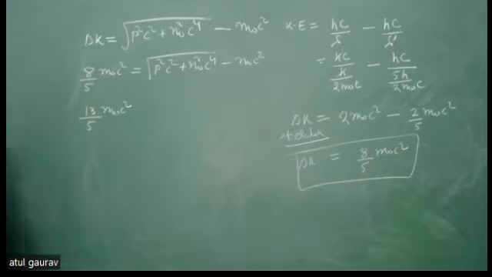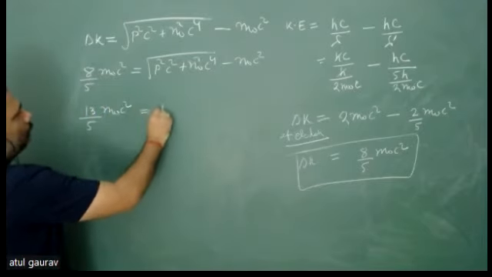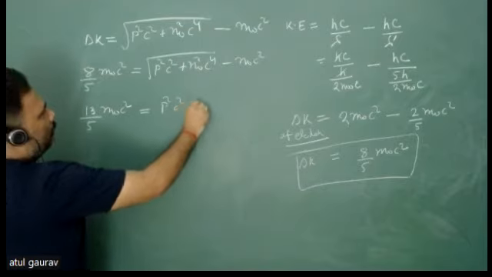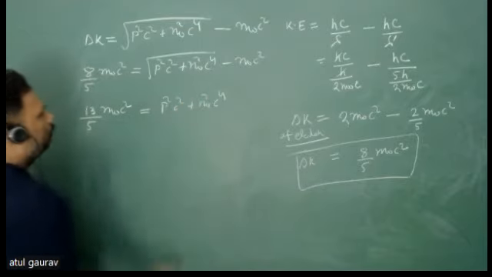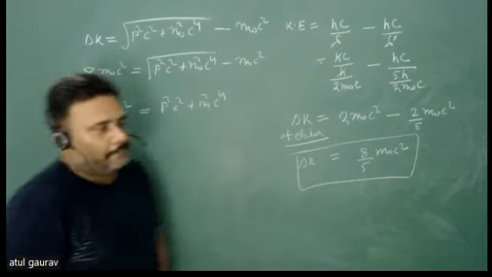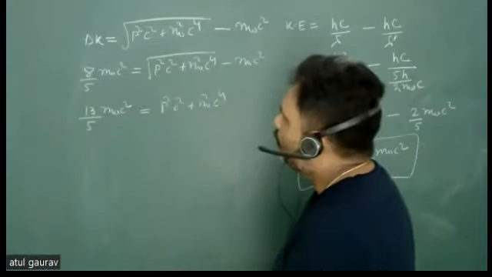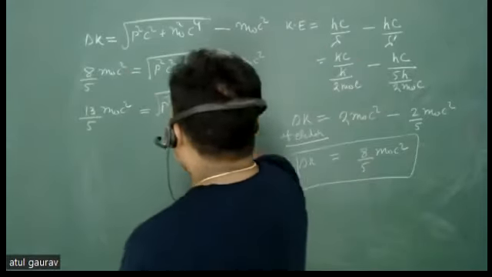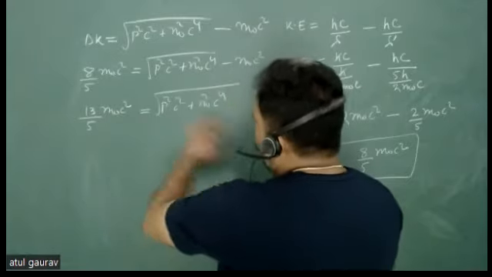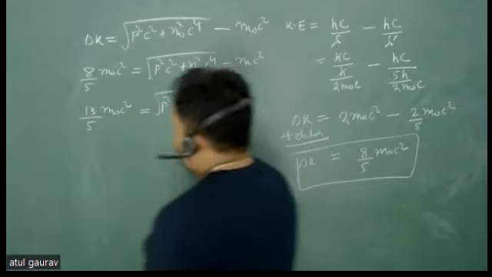ठीक लिखा हूं? So this value is the square root of P square c square plus m naught square c4. Now what we will do? We will take the square on both sides and we can get the answer.